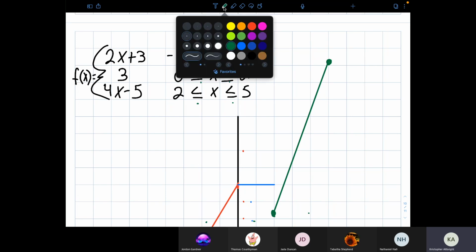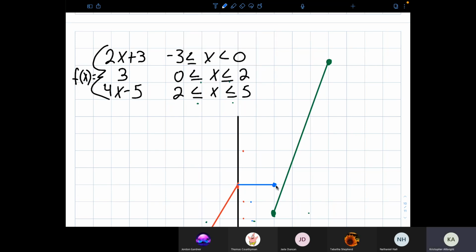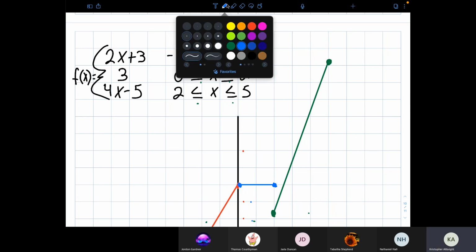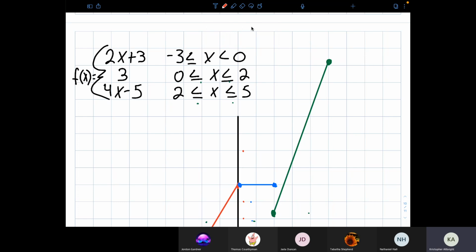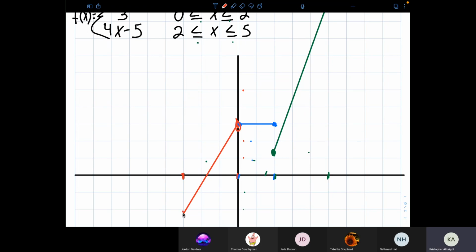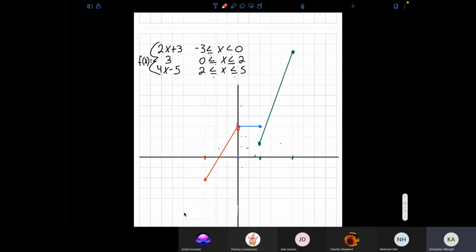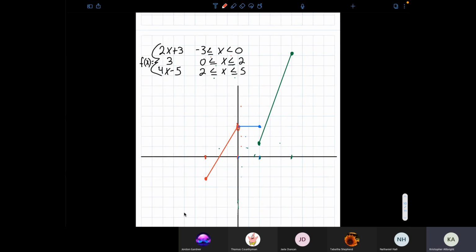So I'm just going to go ahead and plug that in. Closed circle, closed circle. For the red line, we have a closed circle on the -3 side, but an open circle on this side. So closed circle right here. So that's how you do this type of problem, is you just take it piece by piece and deal with each piece independently.